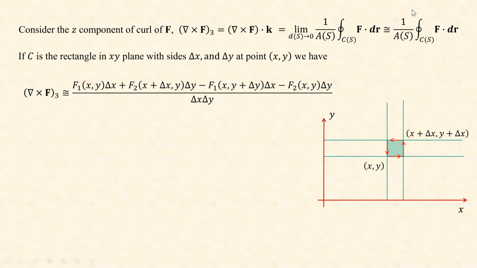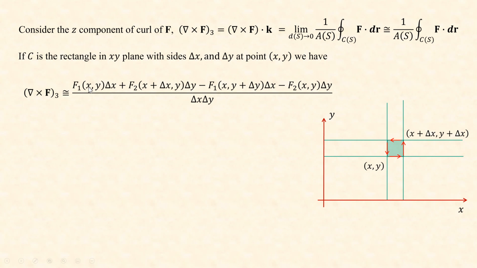Okay, so I'm doing this. The line integral becomes this numerator. The denominator is just the area, delta x, delta y. So how is that the line integral? All right, first we go from here to here and calculate the line integral. Because this is small, this will be the x component of f evaluated at x and y, times this distance delta x. And then we come here, and this part will be the y component of f evaluated at x plus delta x and y, times this distance, delta y.